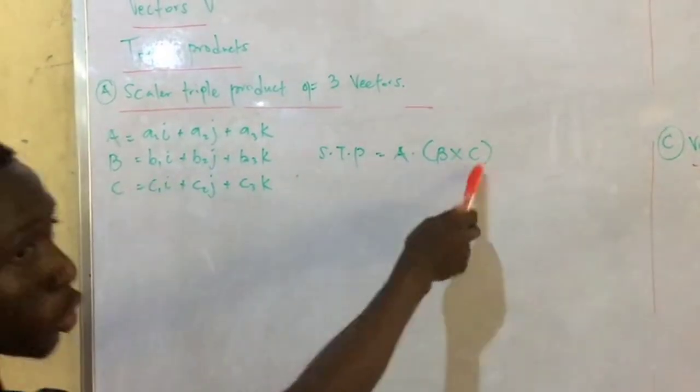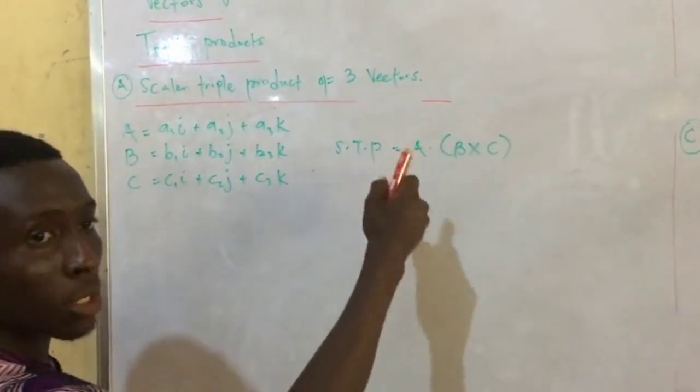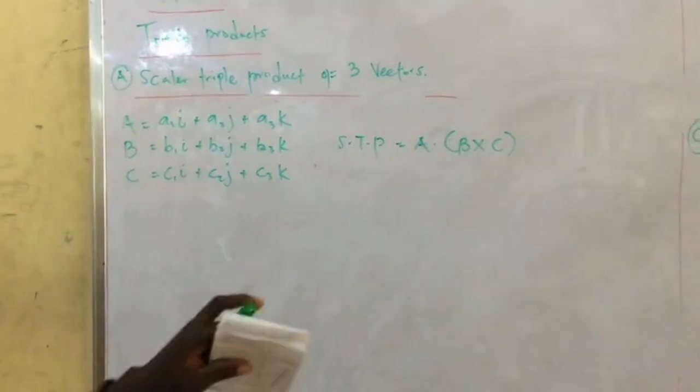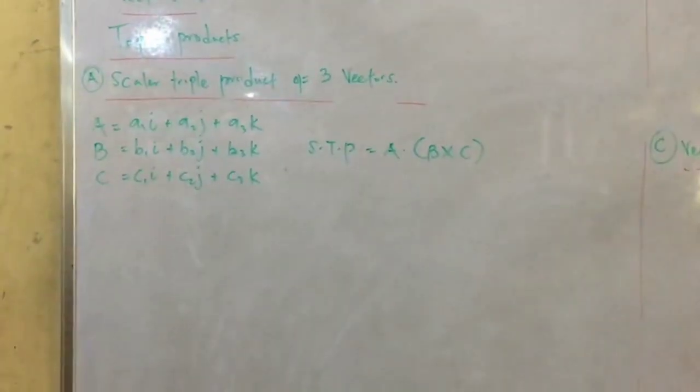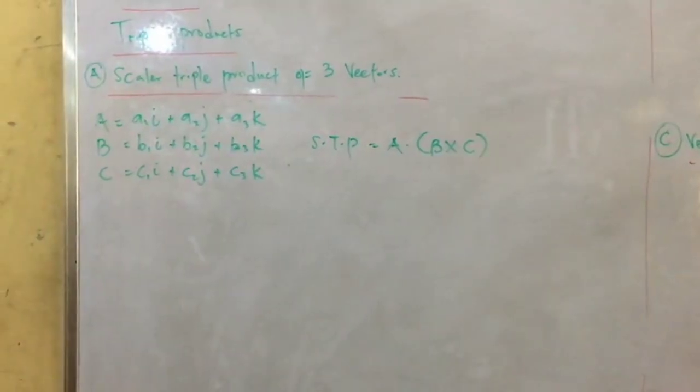When you do cross, you still have the directions I, J, and K. But when you dot it with another vector, there will be no more I, J, and K. That's the function of dot.